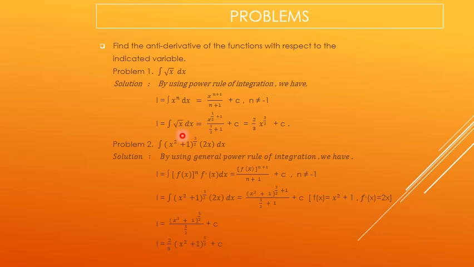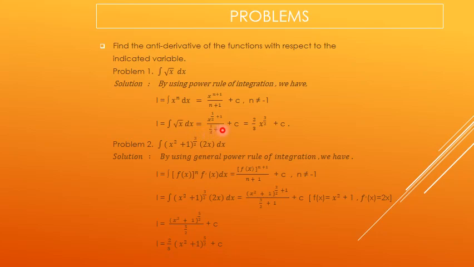Okay, here we have the next problem, problem number 2, and that is the integral of (x square plus 1) with the exponent 3 upon 2, 2x dx. Here you can see that we have the function and its derivative.